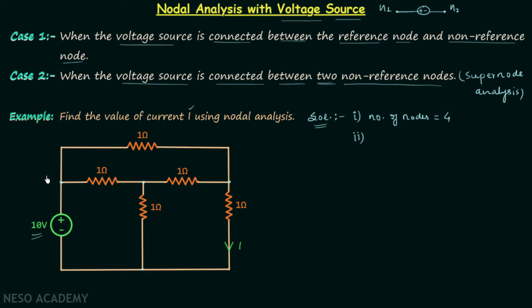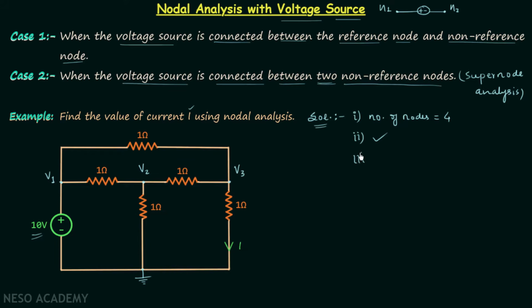Let's say this node is having the voltage V1, this node is having the voltage V2, this node is having the voltage V3, and we select the bottom node as the reference node. And we know at the reference node the potential is equal to 0. Therefore, we will ground the bottom node and have 0 potential at this node. So we are done with step number 2.